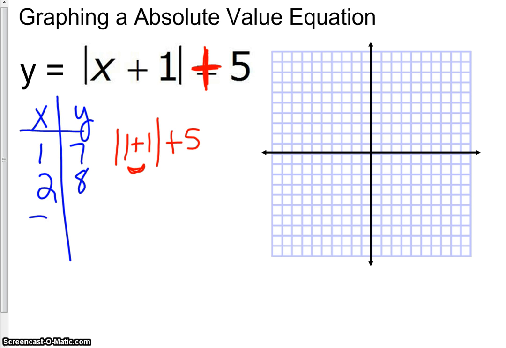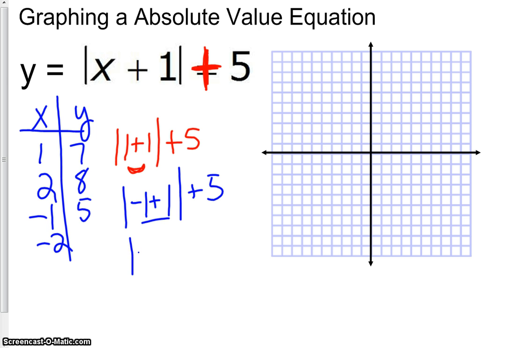If we started with a -1, then we'd have the absolute value of -1 plus 1, and then we're adding 5 to it. It turns out to be 0 here plus 5, so this would be 5. Add a -2, let's see what happens. -2 and a +1, and we're adding 5 to it. This would be a -1 in here. Then you take the absolute value of it, you get +1, plus 5 is 6.